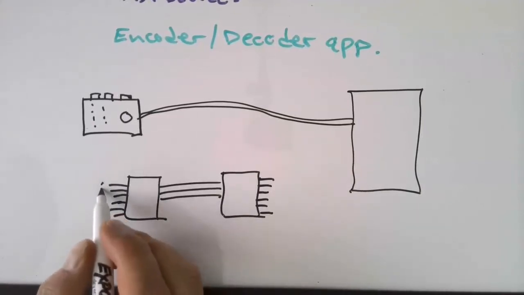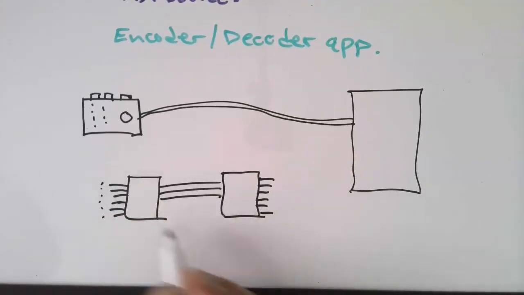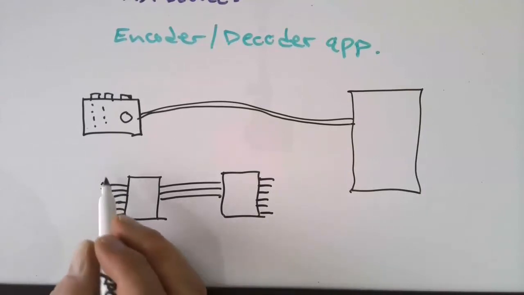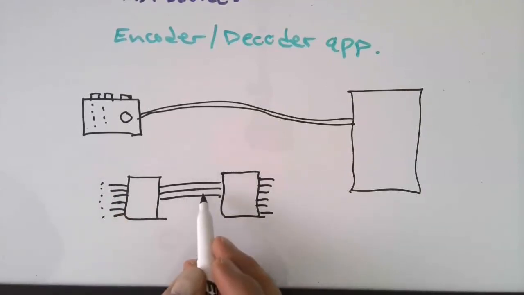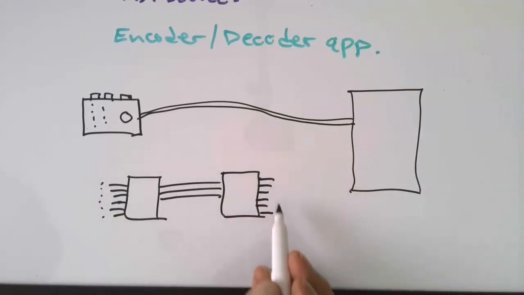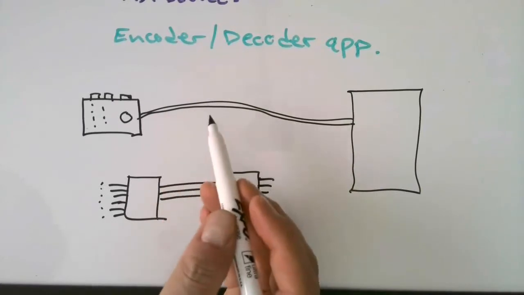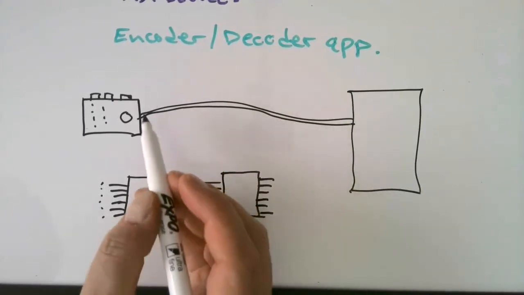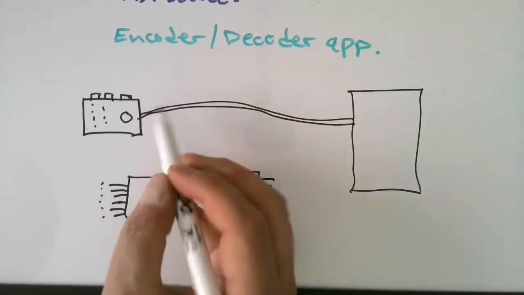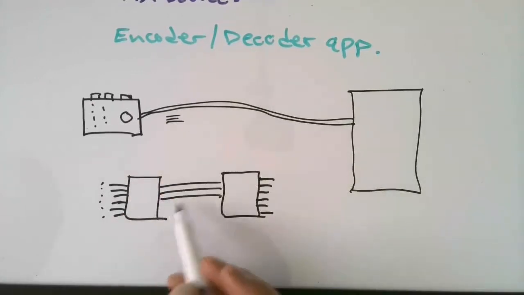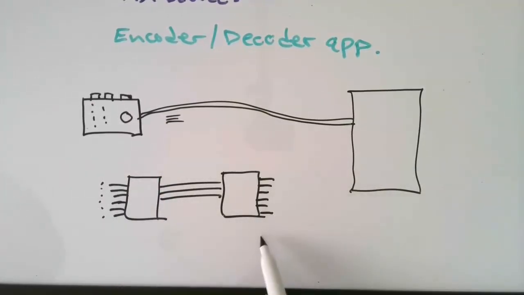So any one of these inputs can only be pressed at one time. You couldn't press more than one at a time. But any one of those inputs would create a binary value that would then be decoded to an individual output here. The advantage is that instead of spending another $500 or $600 on a new cable and having to rewire it, we were able to use just 3 extra wires that were inside this cable instead of all these extra wires. So that's one simple application of encoders and decoders.